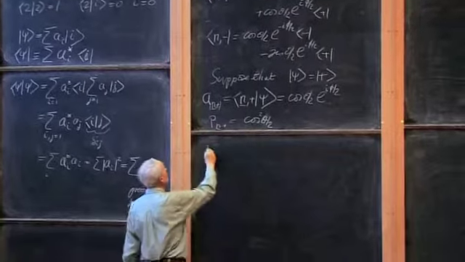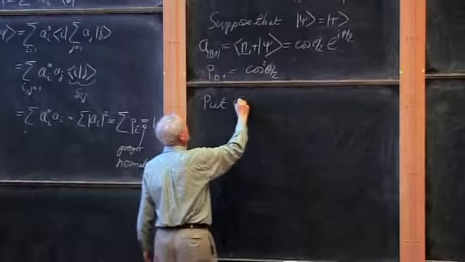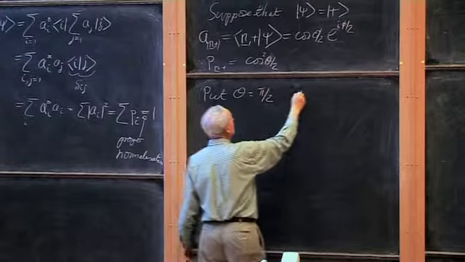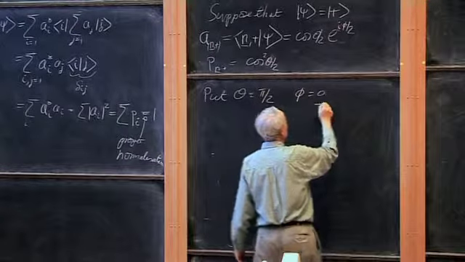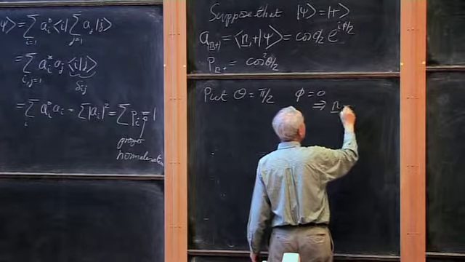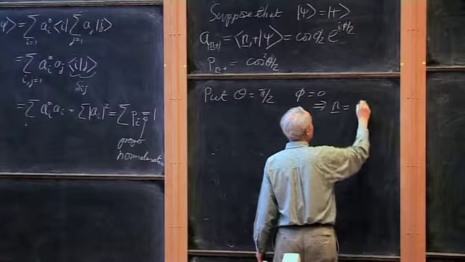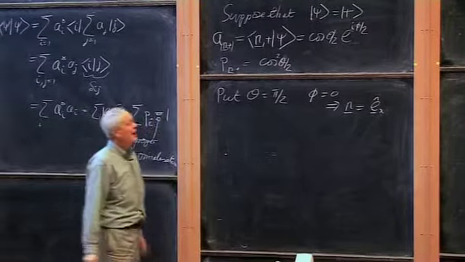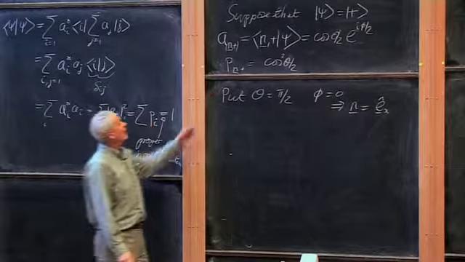Let's put theta equal to pi upon 2 and phi equal to 0. What does that imply? It implies that n is equal to e_x, the unit vector in the x direction. So n becomes the x direction. What does that give me?